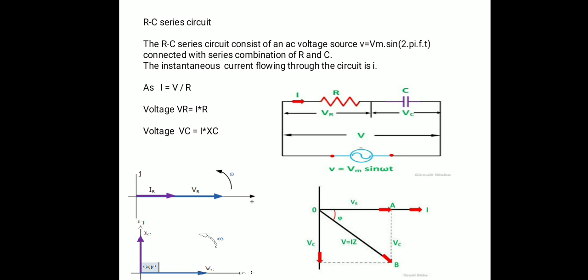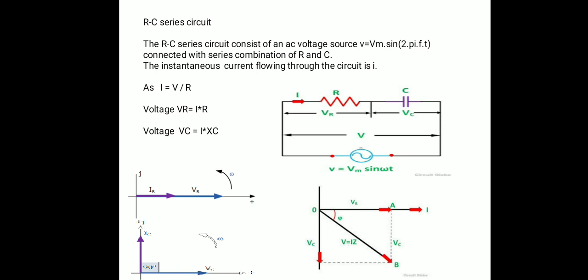Phasor Vc is drawn on the negative y-axis. As I is drawn on the x-axis, we have to draw Vc on the negative y-axis, because I is leading by 90 degrees and Vc is lagging by 90 degrees. So how do we indicate it? By drawing Vc on the negative y-axis. So Vc is lagging current Ic by 90 degrees.